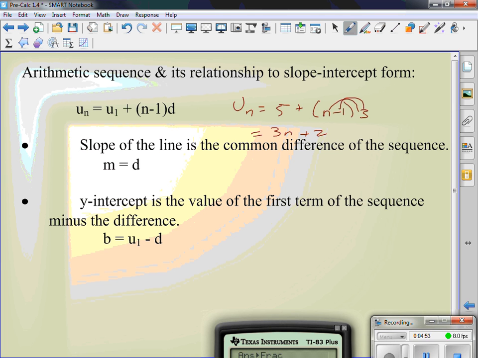Now, this right here is my slope, which is d. This right here, how did I get the 2? From the u sub 1 minus whatever the difference was. So the slope-intercept is just the first term minus the difference.